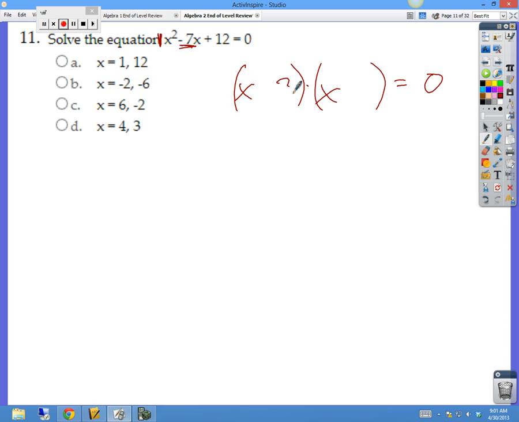It's got to be 3 and 4, both positive, both negative, or you got one of each. They both have to be negative, because they got to times and give you a positive. So then if they do multiply and give you 0, x has to be either a positive 3 or a positive 4. So it's got to be D.